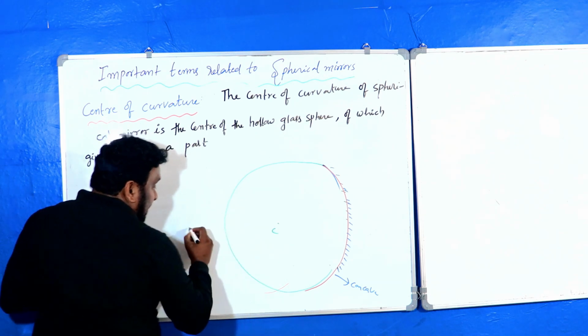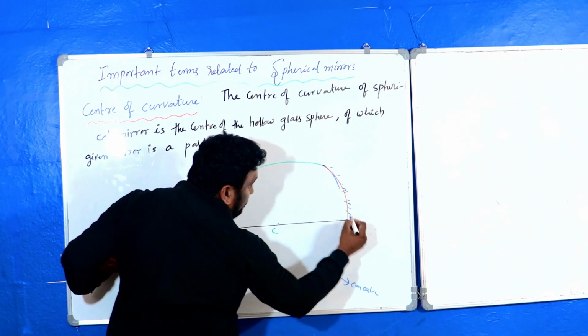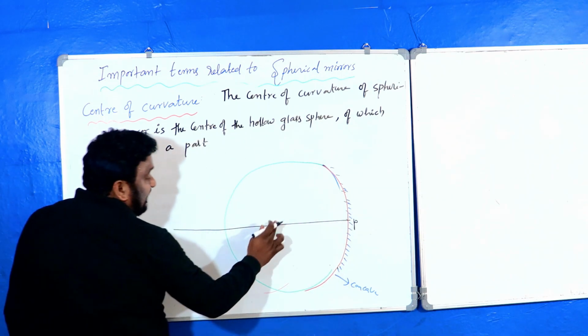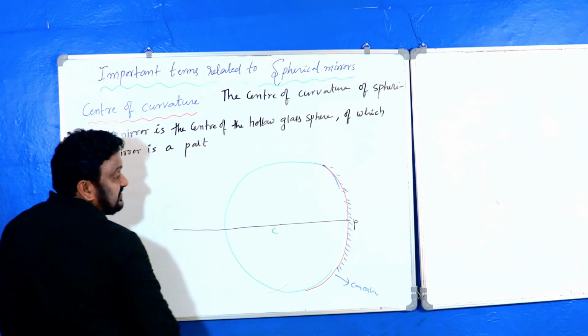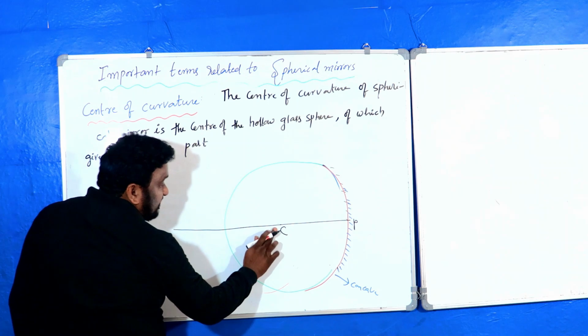The line that passes through the center of curvature and the pole is what we call the principal axis. The center of the sphere is called the center of curvature.